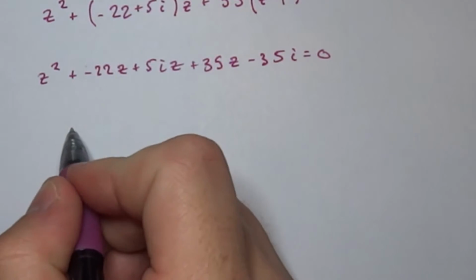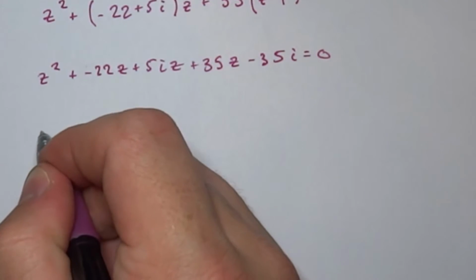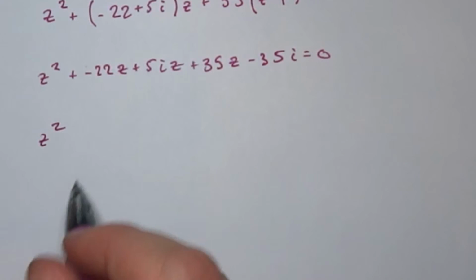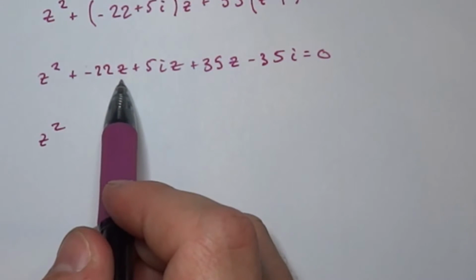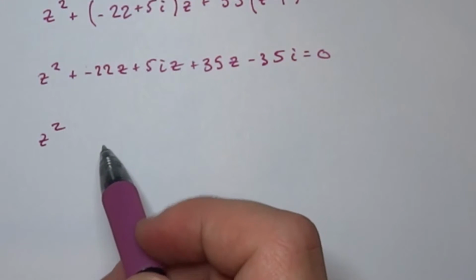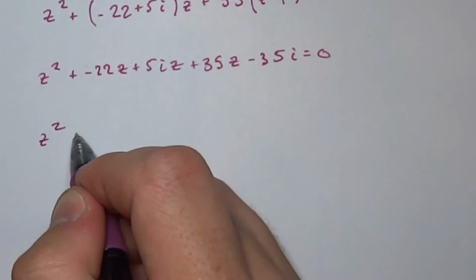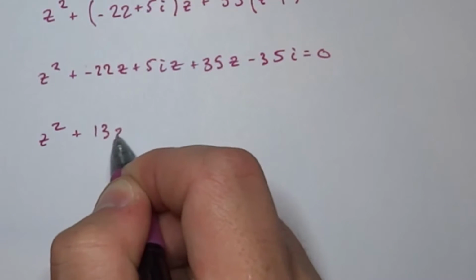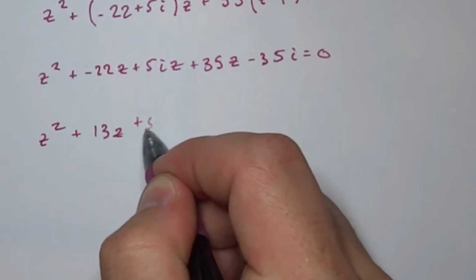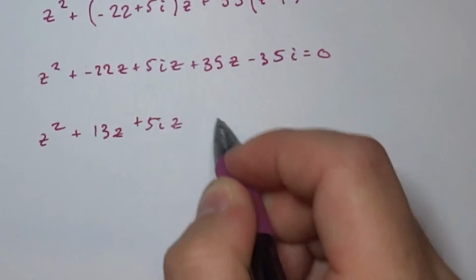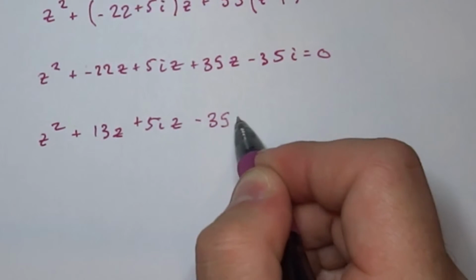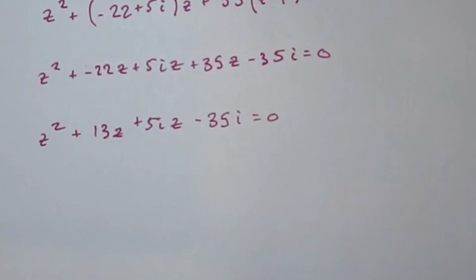I can combine all the like terms here now. So I'm going to have z squared. Now negative 22z plus 35z gives me plus 13z plus 5iz minus 35i equals 0.